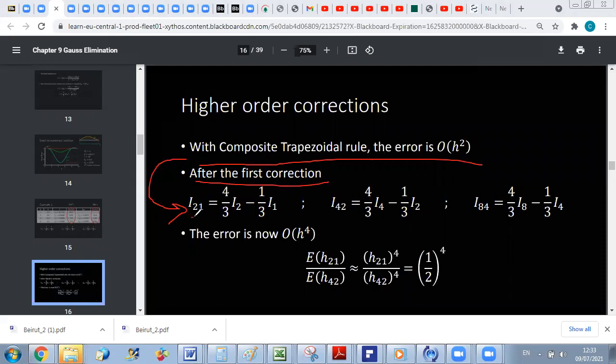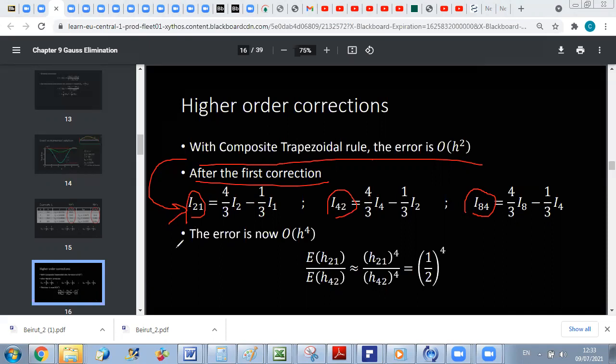After the first correction you got I21, I42, and I84. But now you can proceed with corrections: a second, a third, a fourth correction. The more corrections you do, the higher will be the order of your error, and you are gaining accuracy. Each time you do Richardson extrapolation, you gain 2 orders of accuracy.